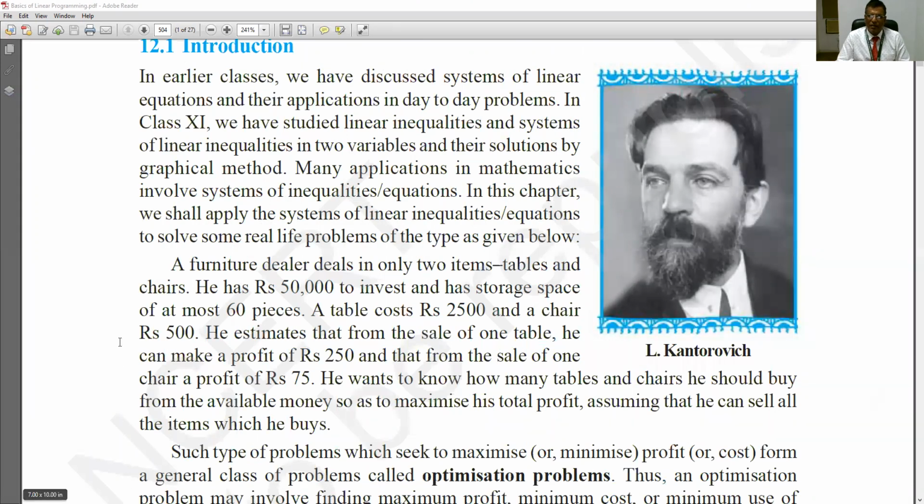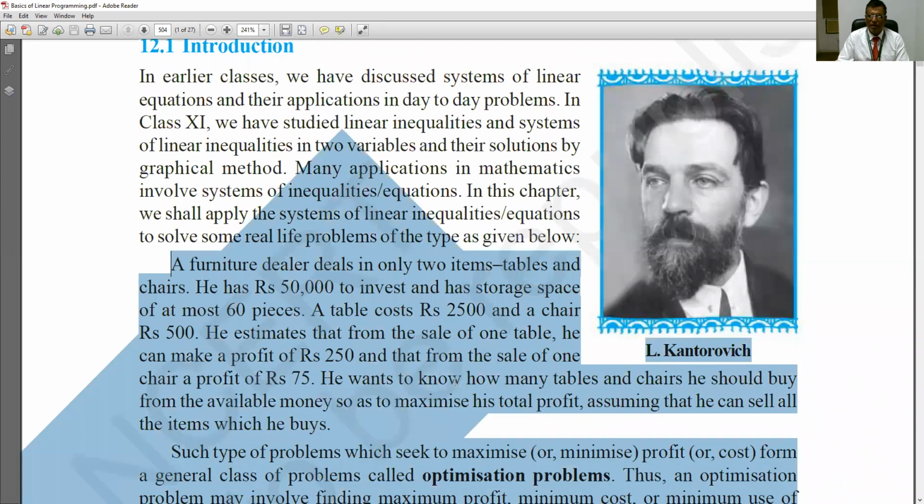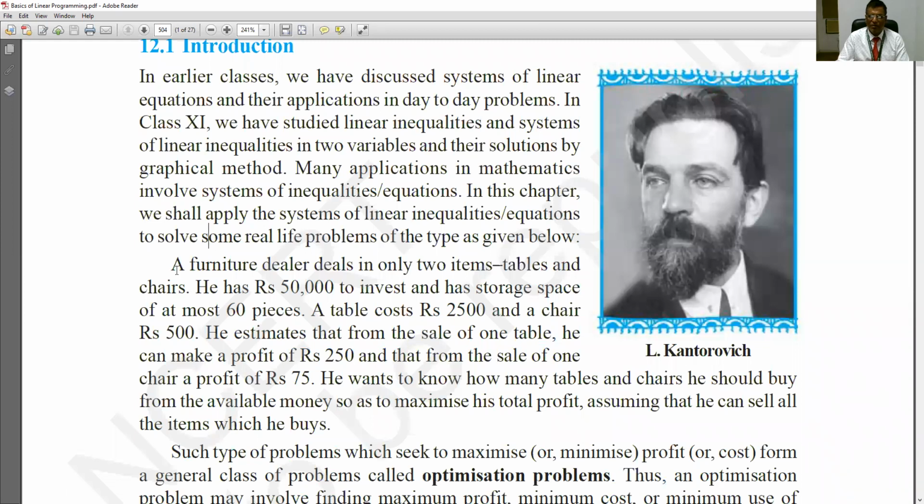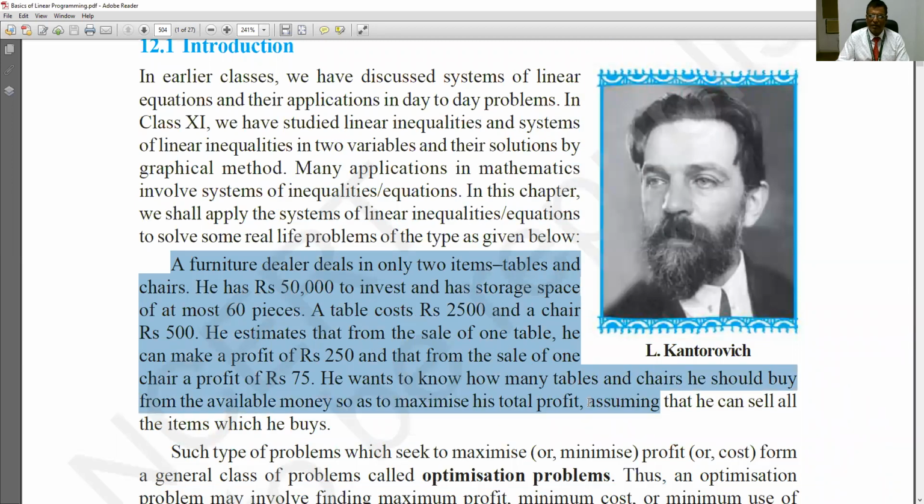And in the previous lecture, I have given an example of a youth who was selling furniture. So you can see the similar example is here. So from this line to here, you can see this example.